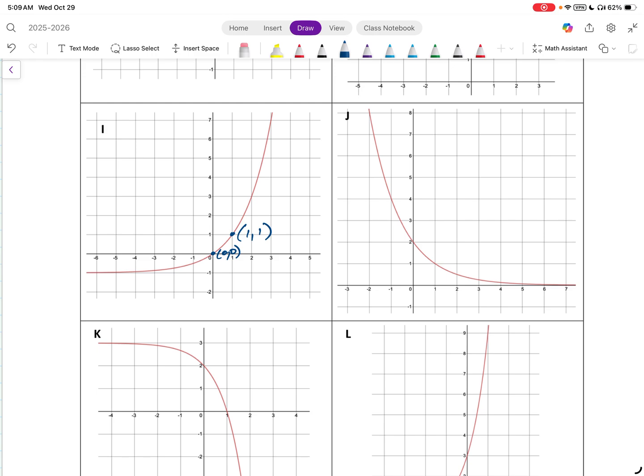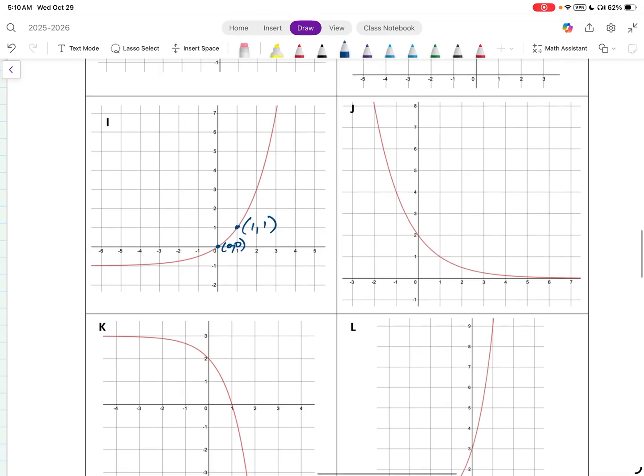But this whole thing's shifted down, as I was saying. So here, 2 to the x, and I'll draw it for you just for funsies. 2 to the x would go through 0 comma 1, and 1 comma 2. So it would look like this. And then 2 comma 4.